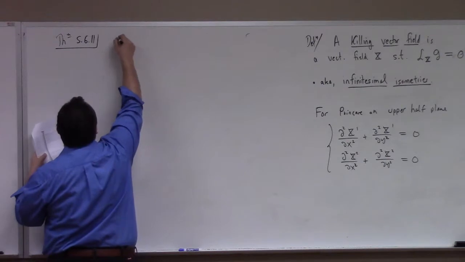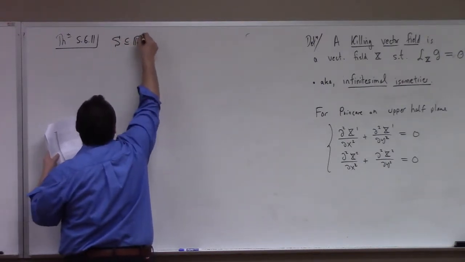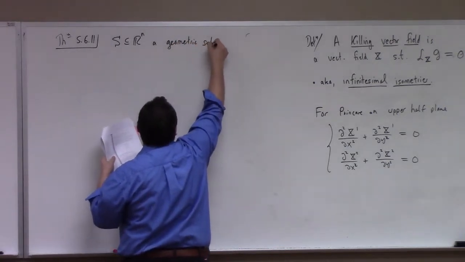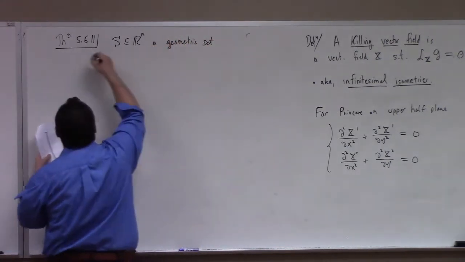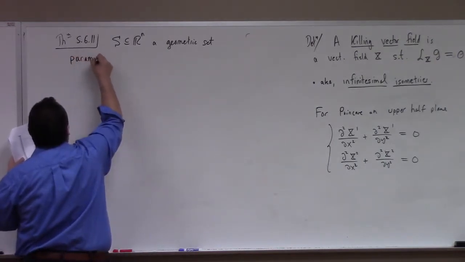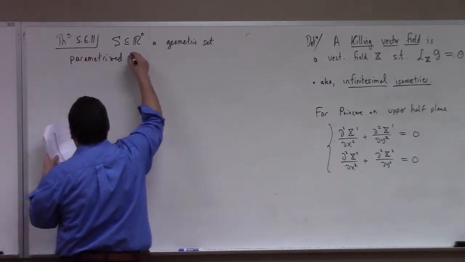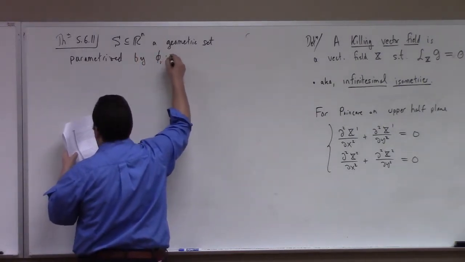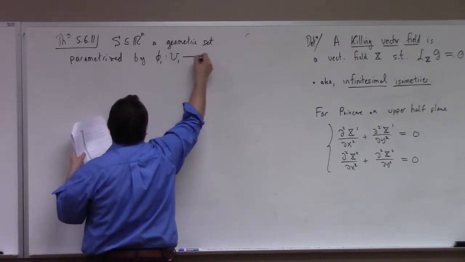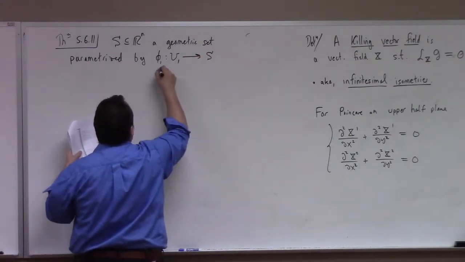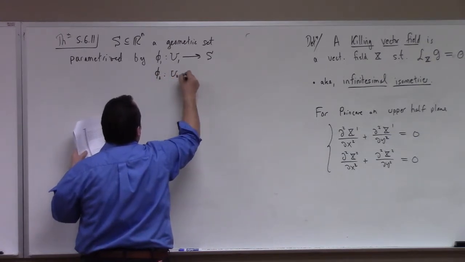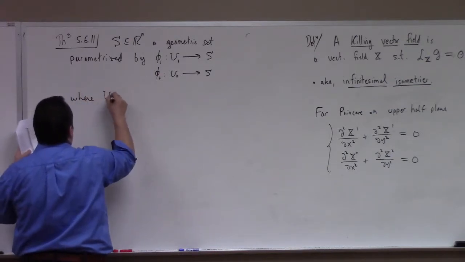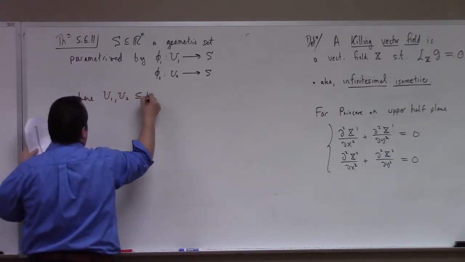If we have S, a subset of Rn, a geometric set, all right, and parametrized by phi1, which goes from U1 to S, and phi2, which goes from U2 to S, where U1 and U2 are subsets of Rk.